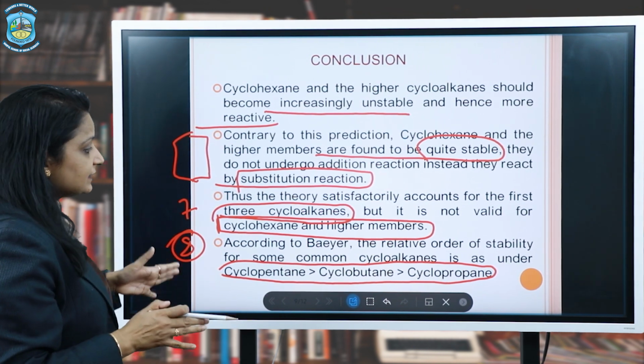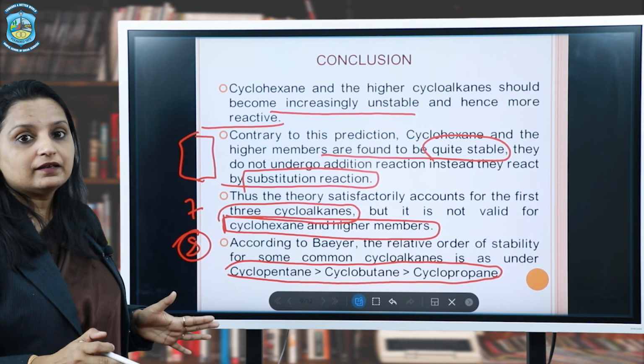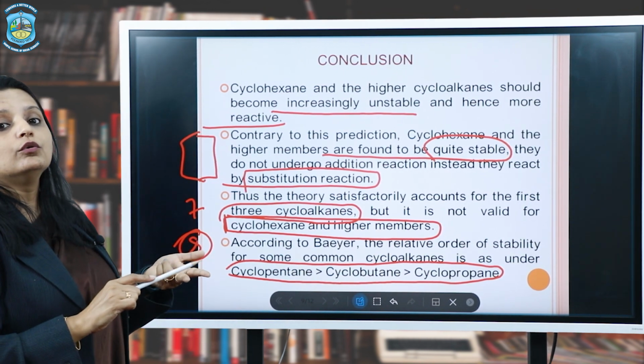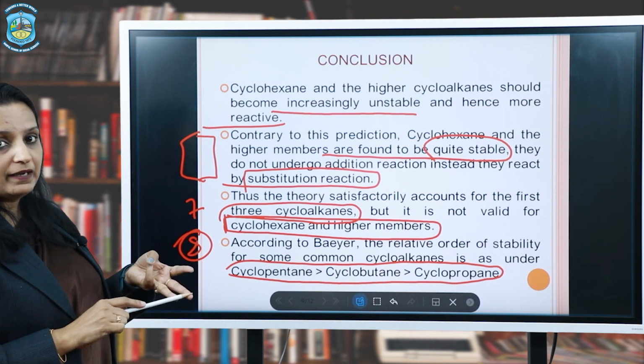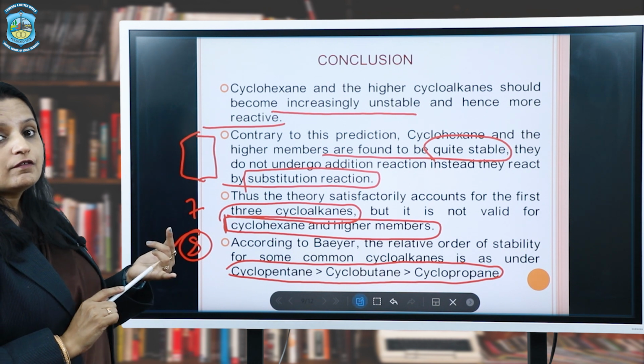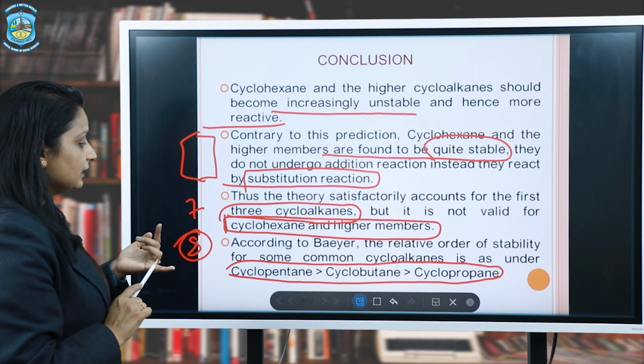So Baeyer successfully explained the stability of cyclopropane, cyclobutane and cyclopentane, but it failed in the case of higher cycloalkanes.